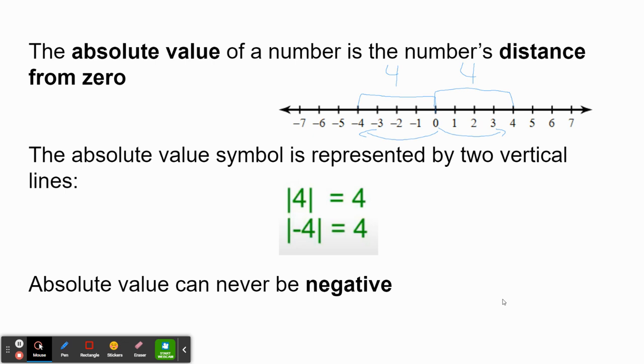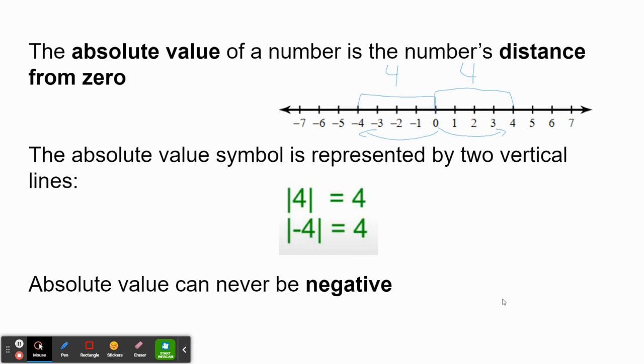The absolute value of 4 is 4, and also the absolute value of negative 4 is also 4. So you start at 0, and however many numbers or tabs or sets it takes to get to your distance, that's the answer.